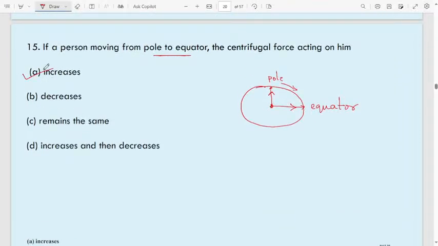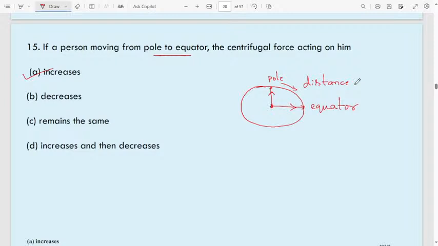Why will it increase? As you are moving from pole to equator, the distance increases. Correct?